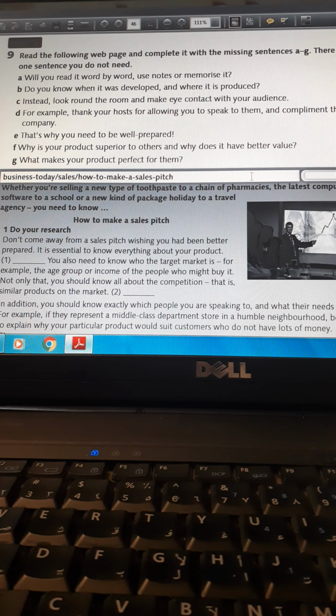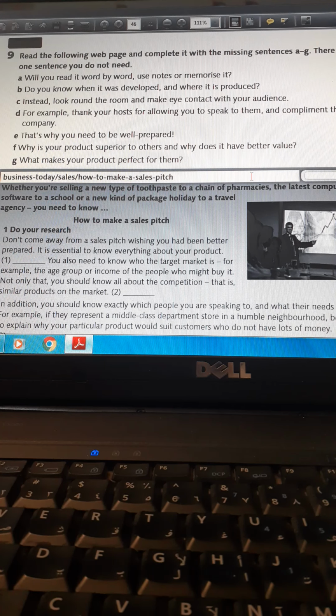A sales pitch is a sales presentation. The purpose of this presentation is to market a certain product. So it's all about marketing and the skills you should have to market a product well.